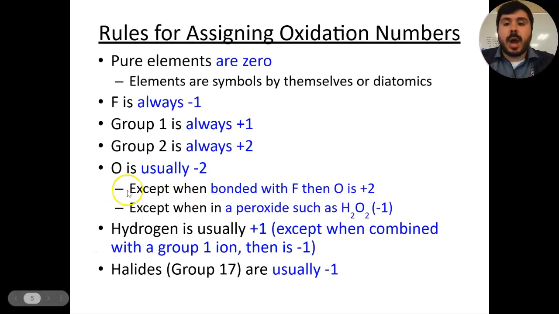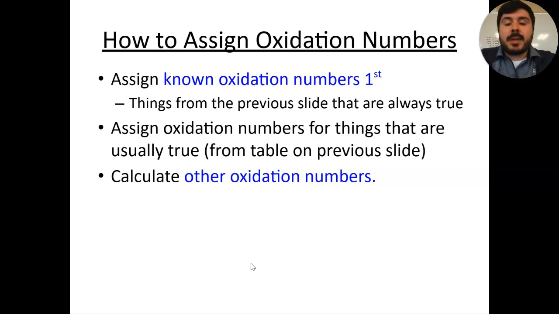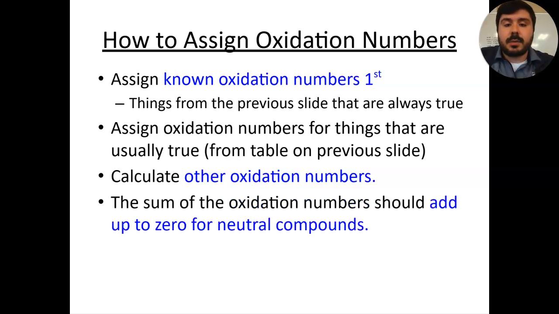So our usuallys, so our oxygens, our hydrogens, our halides, right? Things that are usually true. And then it's going to be your job to calculate the other oxidation numbers. And obviously, when I see you guys in class next, we'll be able to do a handful of examples just to kind of get back into the groove with this stuff here. And then ultimately, guys, the most important thing when it comes to assigning oxidation numbers, the sum of the oxidation numbers should add up to 0 for neutral compounds.